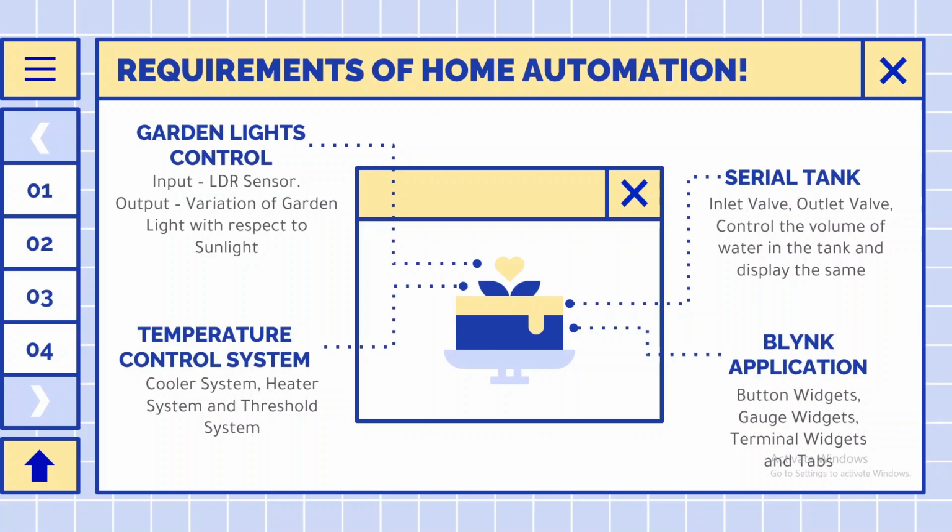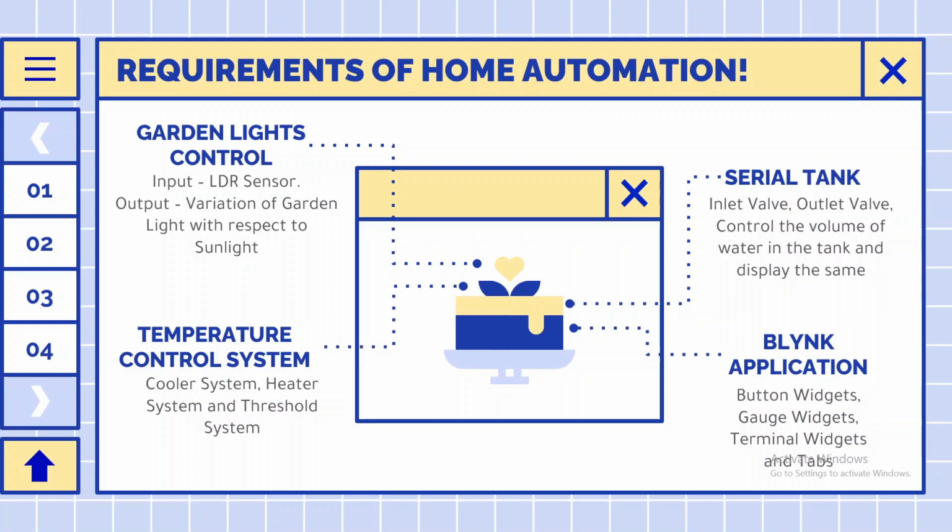Next, we have the temperature control system, which basically integrates a cooler system, a heater system, and a threshold system. We'll talk more about it later. The third one is the serial tank, which has input and output valves, and the way in which we can control the volume of the water in the tank and display the volume on the CLCD.